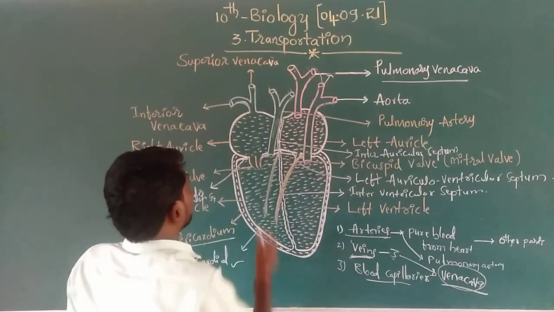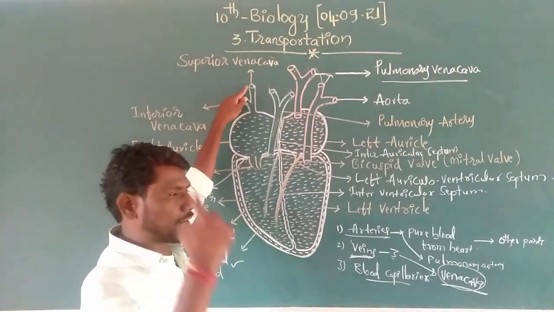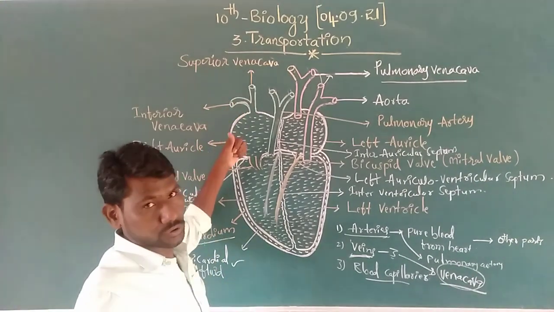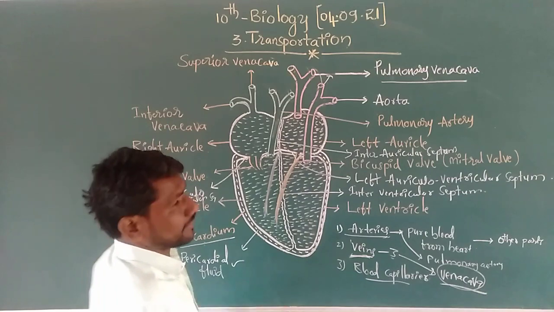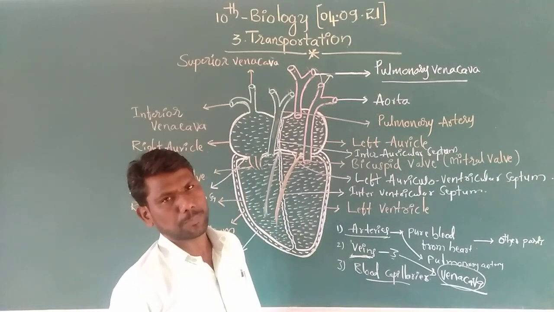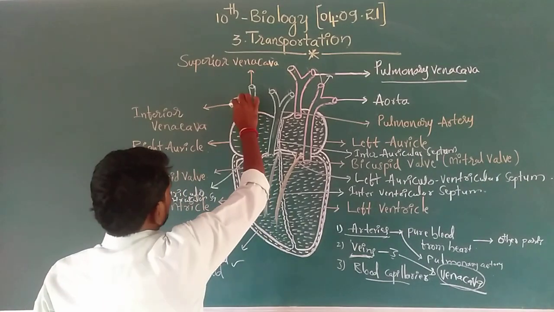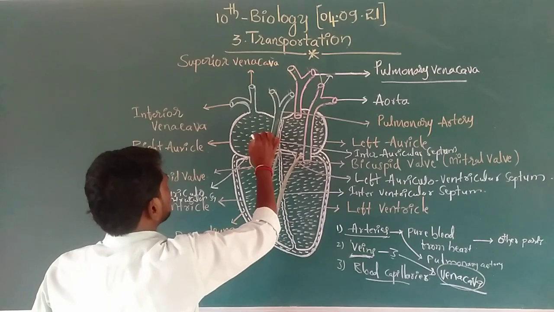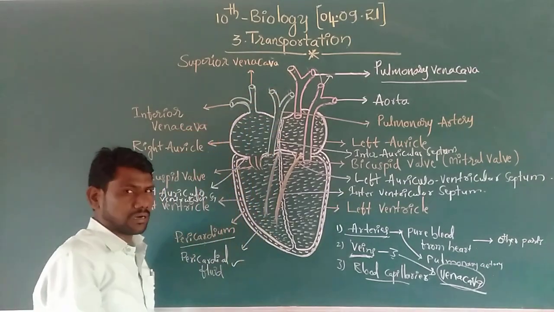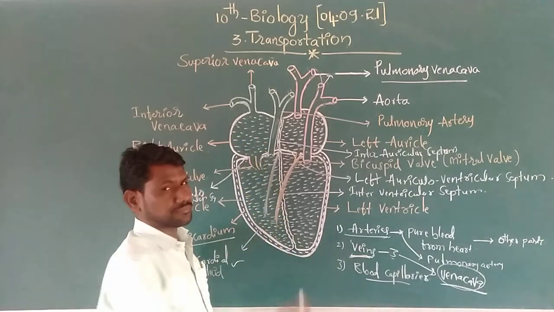The superior vena cava collects the impure blood from the head, neck and shoulders. Next, the inferior vena cava collects the impure blood from the lower parts like the legs. This impure blood enters the right auricle. Now, where is the impure blood? In the right auricle.